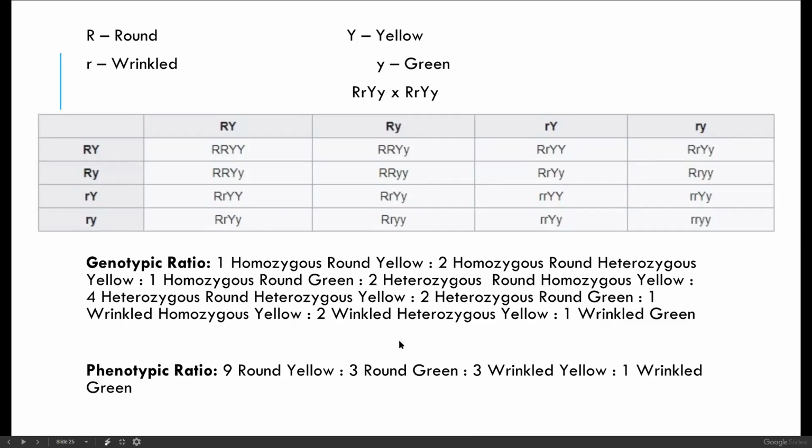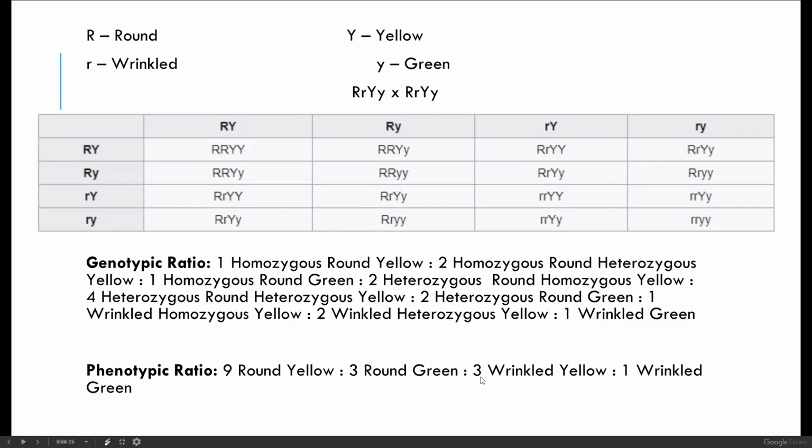3 round green. Round, 1, 2, 3. Round green, rather.